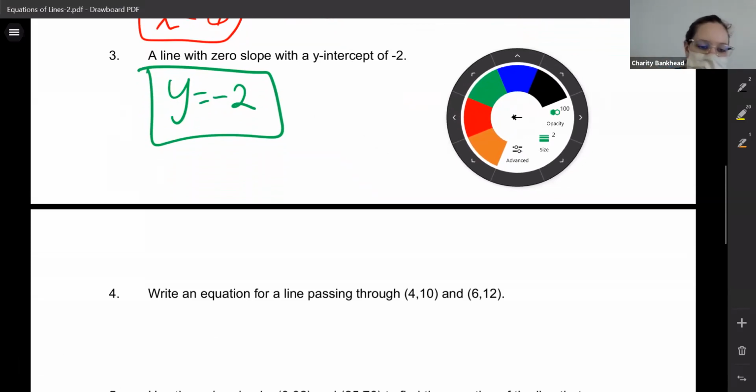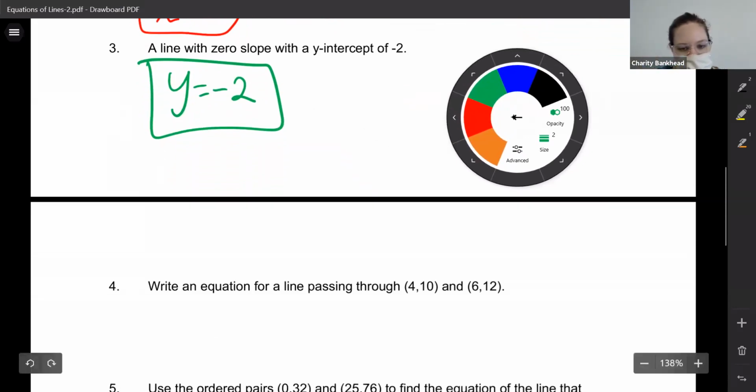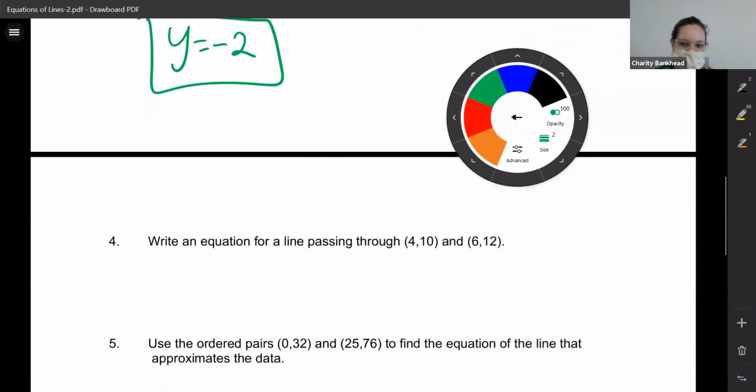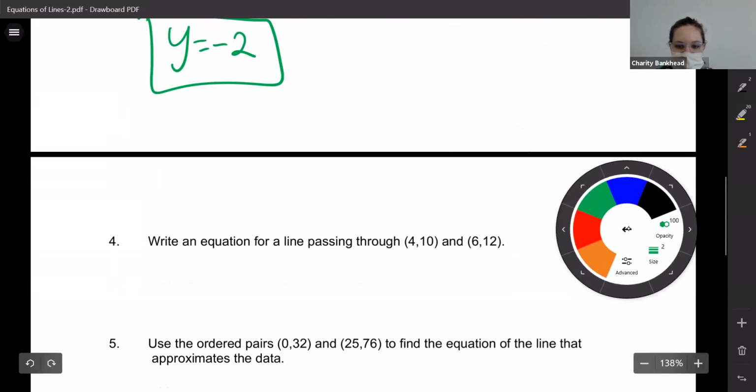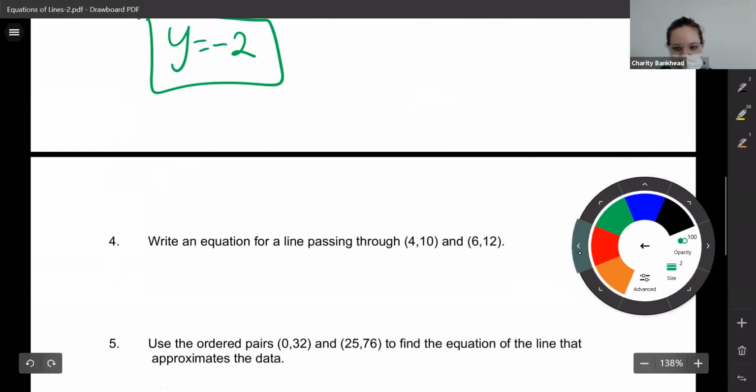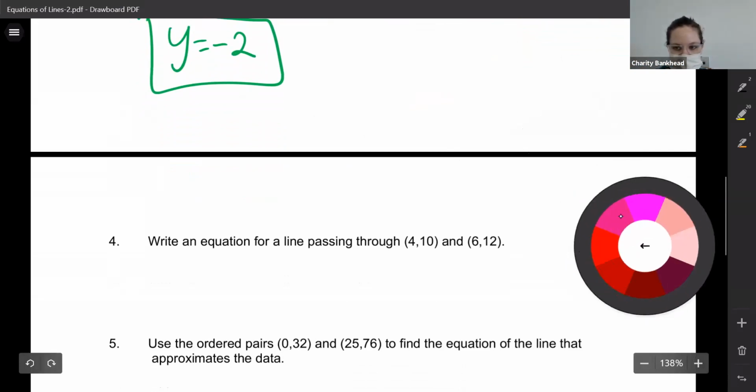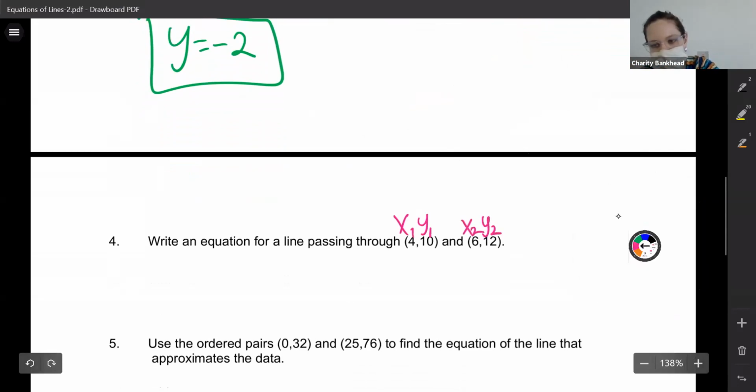All right. It says, write an equation for a line passing through (4, 10) and (6, 12). So first, we're going to have to use the slope formula to calculate the slope. So that's the x1, y1, x2, y2.